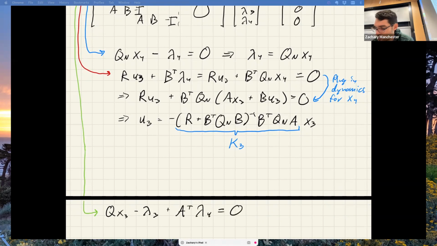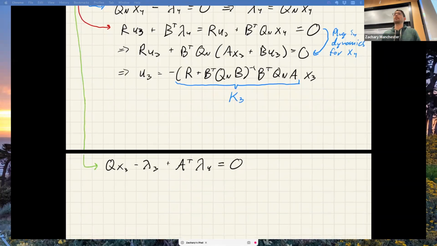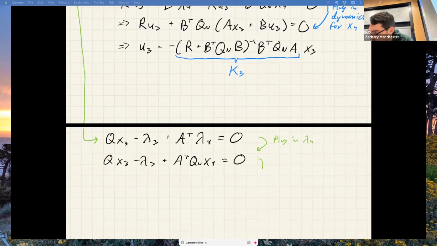So that line gives me that. I'm now going to plug in lambda 4, which I already have. I'm going to plug that in and get this, plug in the dynamics again, and get similar stuff.